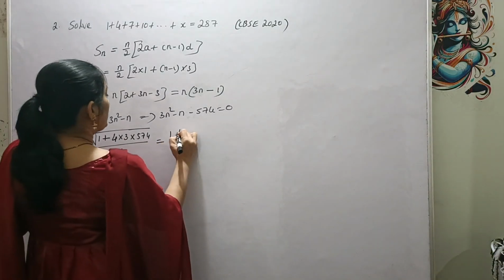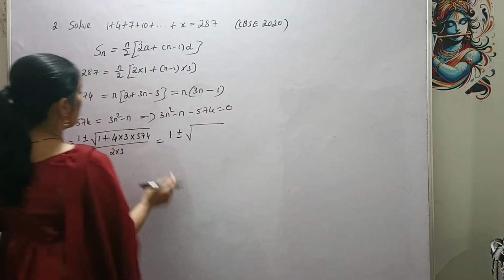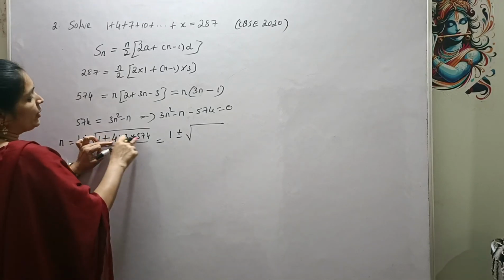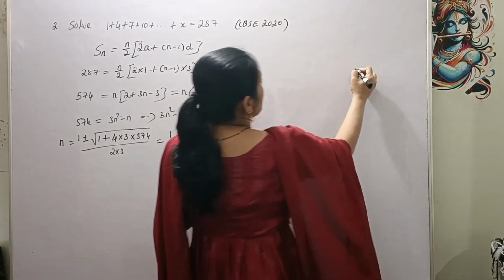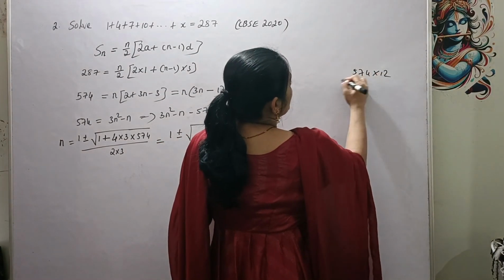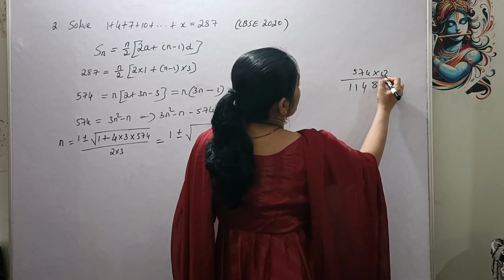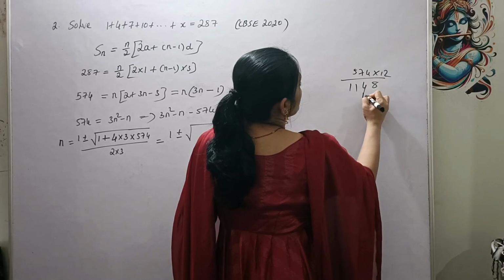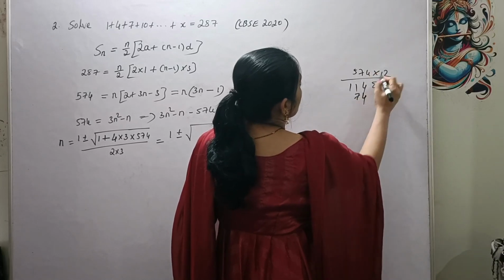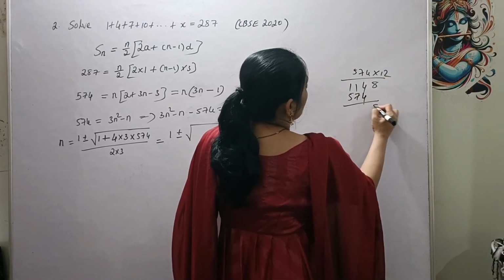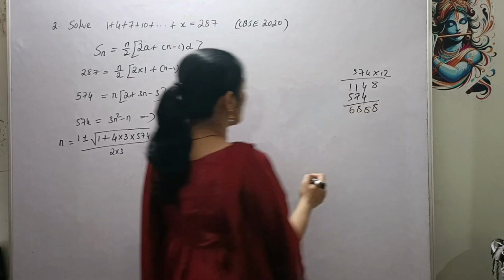That is equal to 1 plus or minus square root of 1 plus here 12 into 574. 574 into 12. 8, 14, 11, 1 4s are 4, 1 7s are 7, 1 5s are 5. 8, 8, 8, 6.